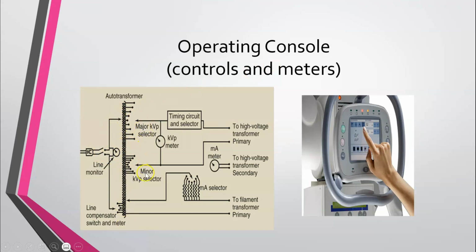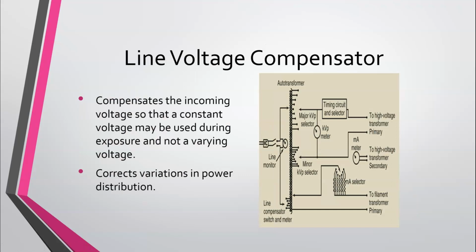We have our minor and major KVP selectors with our timer and our circuit timer. So here we have our MA selector, which is our rheostat, and it goes down, they move forward from there. Okay, so this is how we're selecting our KVP and our MA is off of this portion. Sometimes we can do it from the tube, which is really cool.